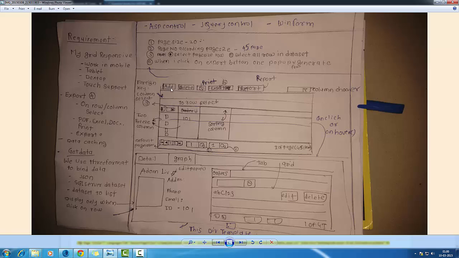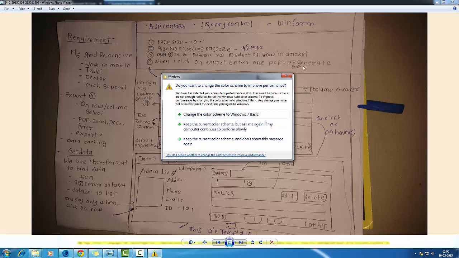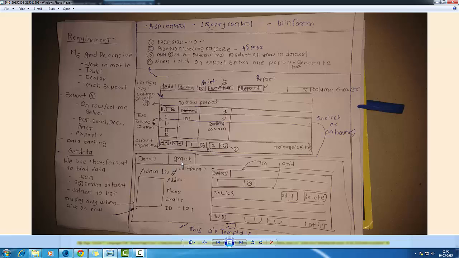And when I click on add, delete or any event on my grid view, I don't want any method to go to the server side. I also forgot to mention, when I click on detail, this is the tab and graph is the tab. In the graph tab, when I click, the data should appear. It works on the click event.